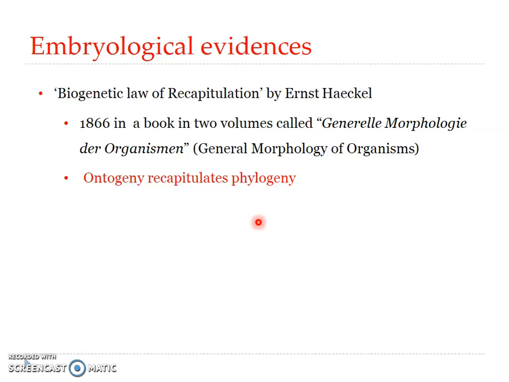Phylogeny refers to the evolutionary history of a species, the complete set of changes happening during the development of a species. So ontogeny is the development of an individual; phylogeny is the development of a species. Ontogeny happens within the lifespan of an individual, while phylogeny takes millions of years.